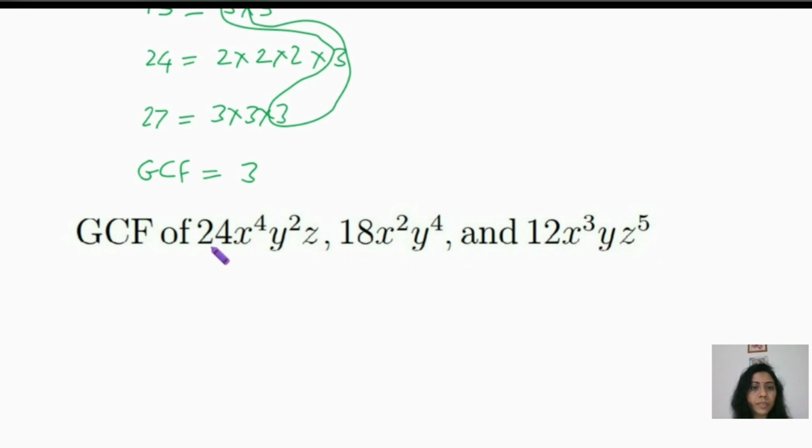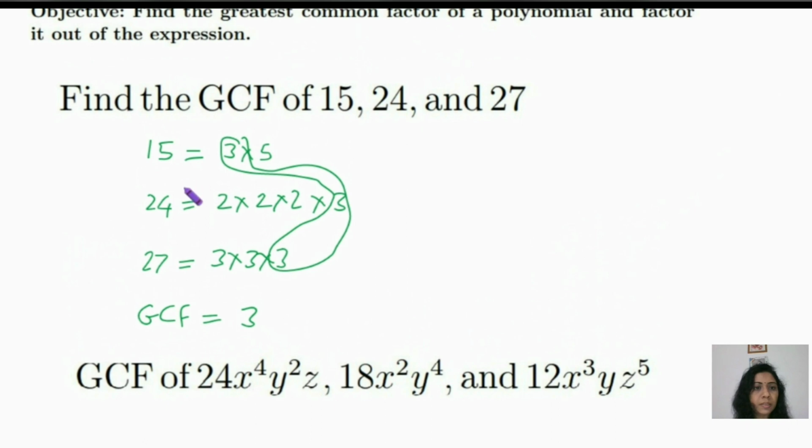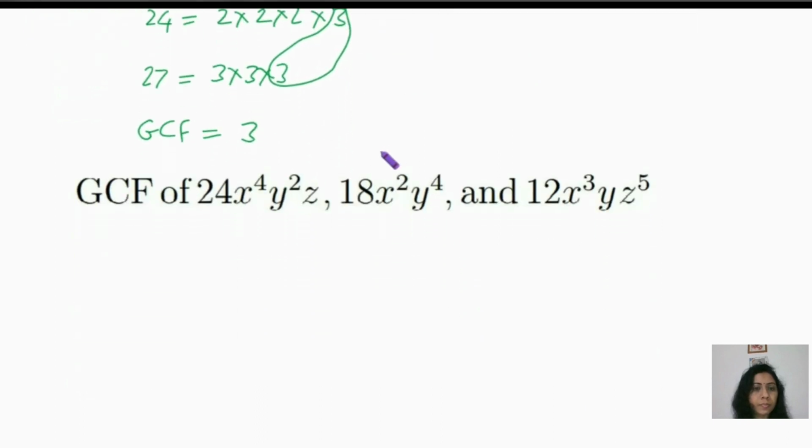So first 24, 18, and 12. What is the greatest common factor here? You can use prime factorization and then find the greatest common factor, or you can do it mentally. 24, 18, and 12 are all even numbers, so obviously they are divisible by 2. Can we divide by 4? No, two of these numbers are divisible by 4, but 18 is not.